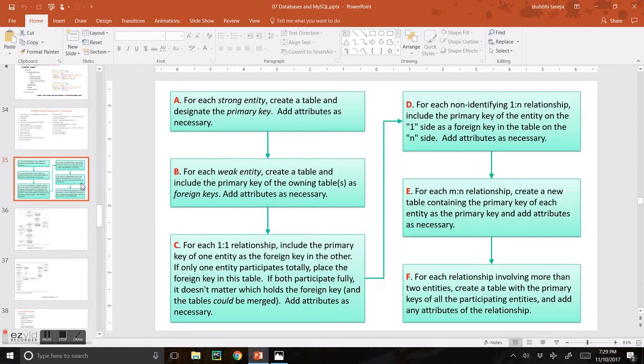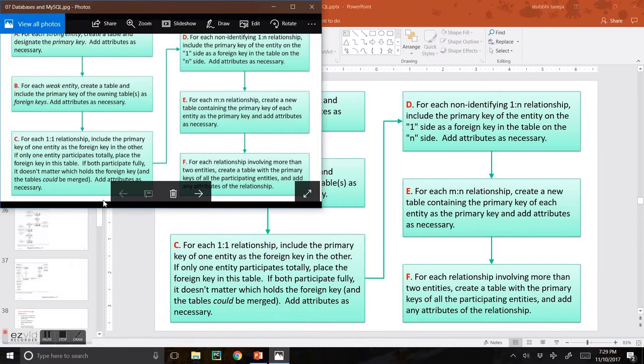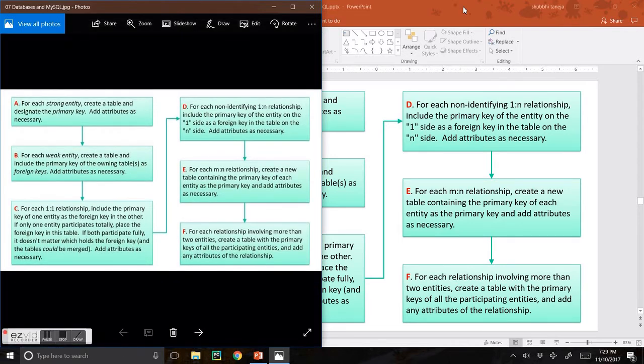And we have these 6 steps that can help us do the same. These 6 steps give us few ideas that we can implement in the conceptual design phase to arrive at the logical design phase. So I have these stored here, so I'm going to keep this on the left hand side of the screen and use the flight database example.